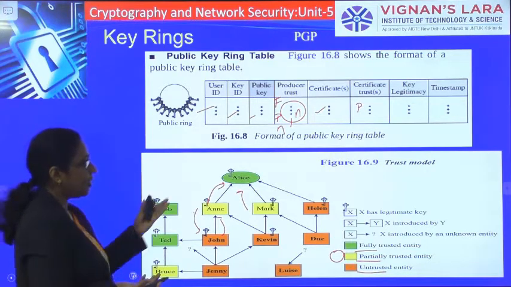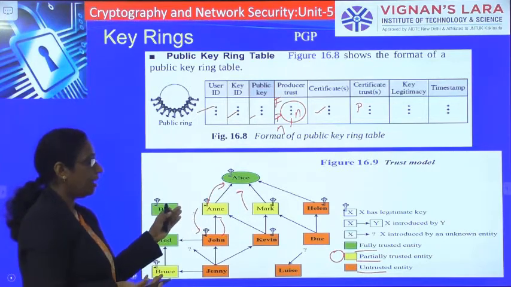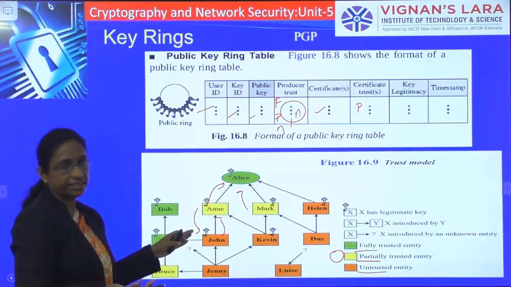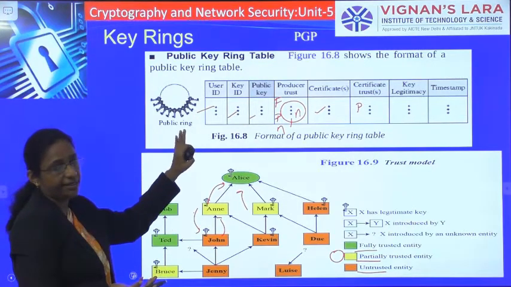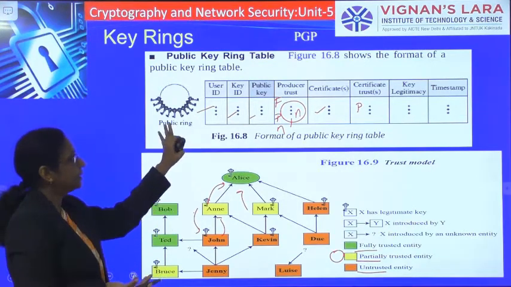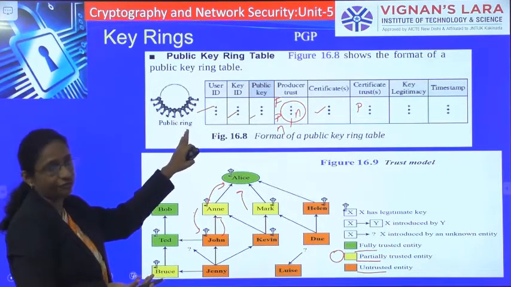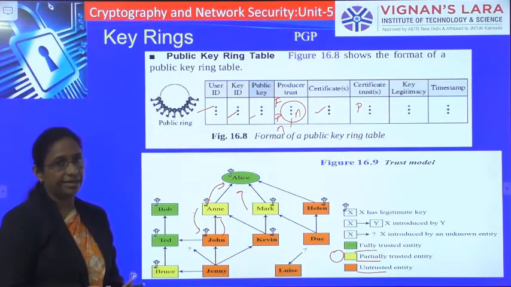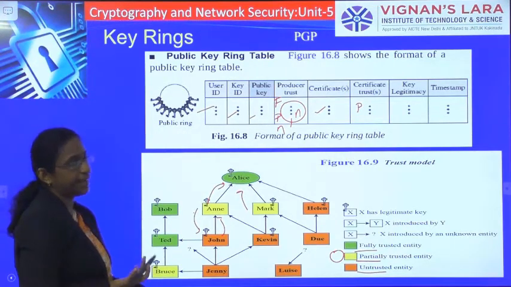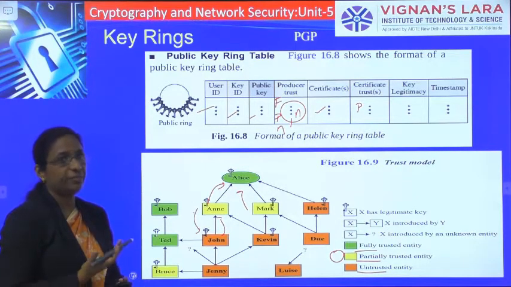For all the entities in that session, we can say for all the parties in PGP, PGP maintains a public key ring table that consists of the information about the entity, like the user ID of the entity, where user ID is nothing but the email address of that entity. Key ID is the least significant 64 bits of the public key.